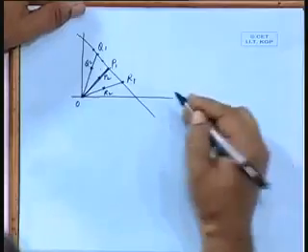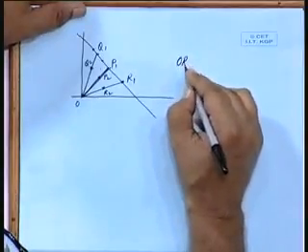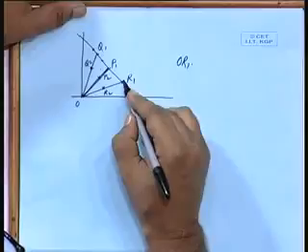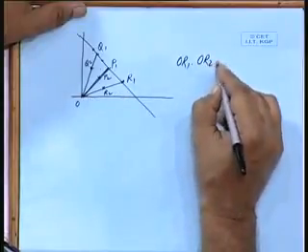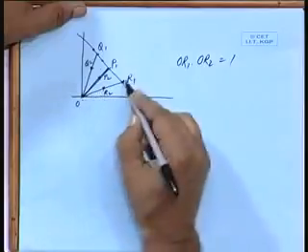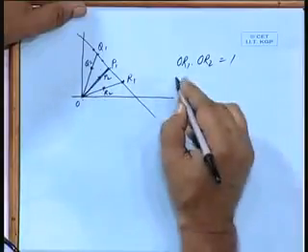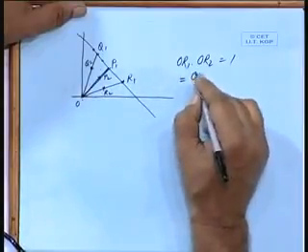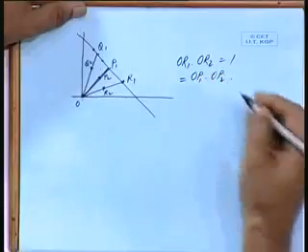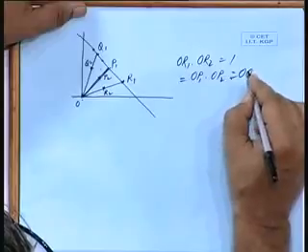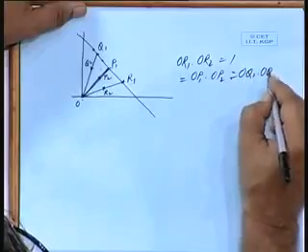Okay. Now, OR1 into OR2 is equal to 1, is it not? Because OR2 is 1 by OR1, and that is equal to OP1 into OP2, it is equal to OQ1 into OQ2, is it not?